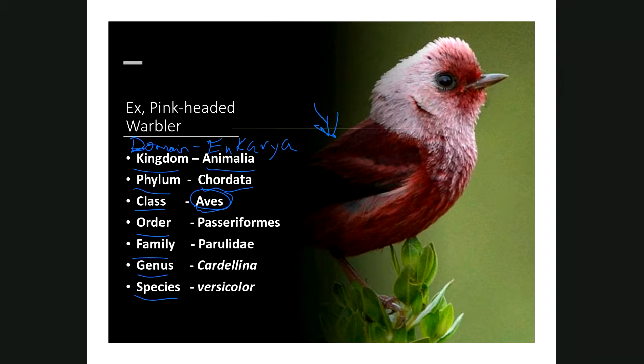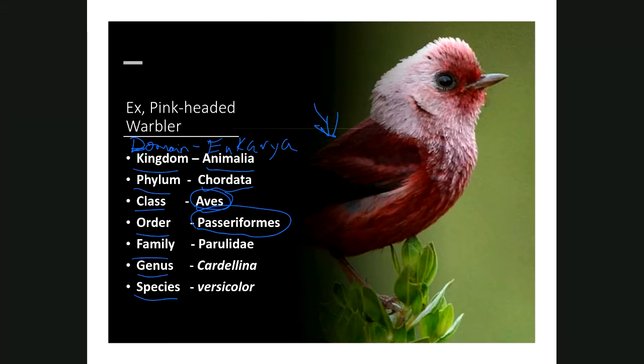There are many different kinds of birds. There are hawks, there are seabirds like ducks, and there are songbirds, which are Passeriformes. So, okay, but which kind of Passeriforme is it? What kind of songbird is it? Well, there's a whole bunch of different kinds of songbirds. You have finches, and you have blackbirds, and you have warblers.